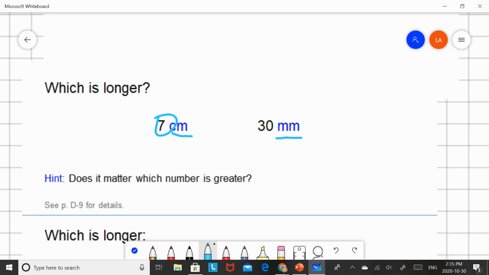If you know your multiplication tables, you could also multiply it by 10. The 7 now becomes 70. So 70 millimeters compared to 30 millimeters. Which one's bigger? Well, it's pretty obvious that the 70 is bigger than the 30.